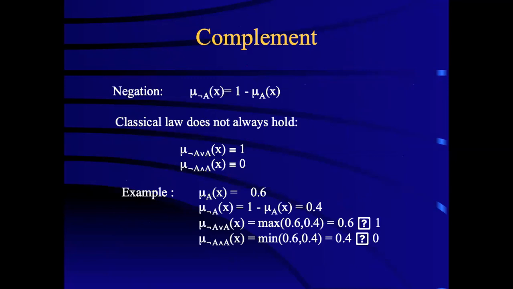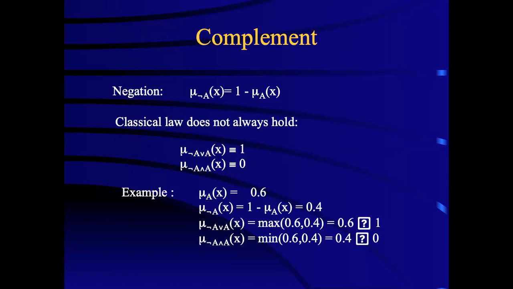Okay, complement is 1 minus the membership value of a given set, right? So this is primarily the negation. So in case of classic logic, if you have the complement between A and its negation, the OR operation between A and A's negation, the answer in case of standard logic is always 1.